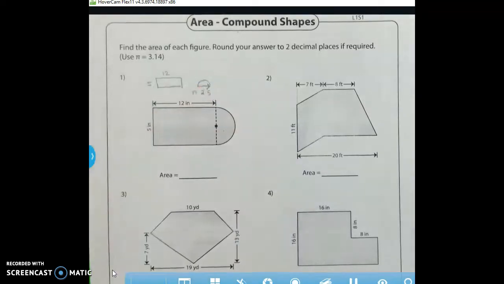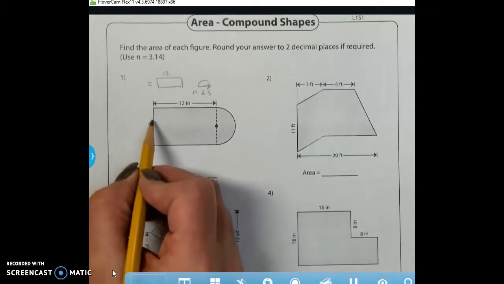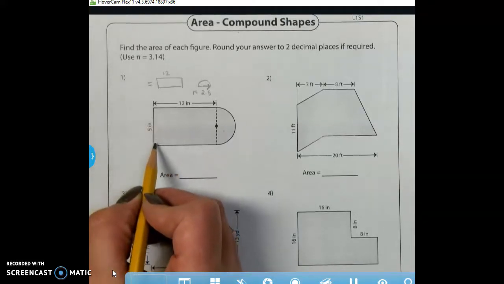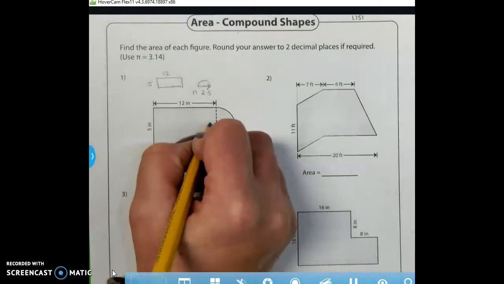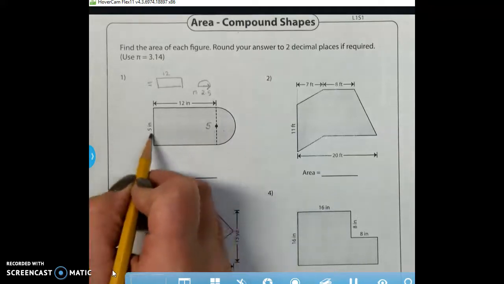Okay. So you need to pay extra close attention to the fact that some of the measurements are not going to be repeated 2 or 3 times. So for example, this measure right here is the width or the length, however you want to look at it. And as we know, our rectangular shapes have 2 parallel sides that are congruent.